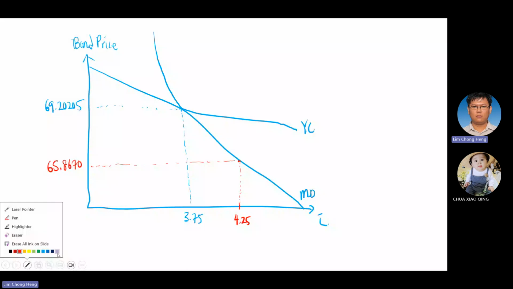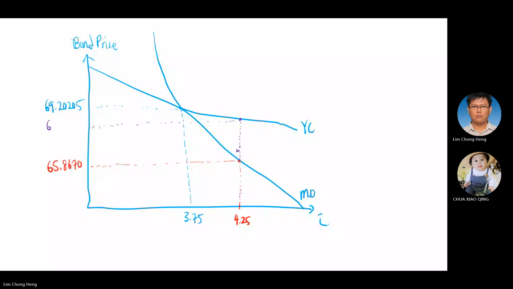Go to 5% and then we increase until, and then we refer to here. Okay, the price should be at here. 5537.